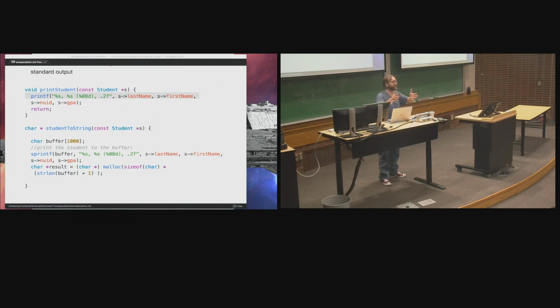Nobody's going to have a first name that is 5,000 characters, hopefully, right? If it breaks, then we can come back and revisit that issue. But probably that's a larger sign of some bad data that we've got being processed. And then I will strcpy into result the contents of the buffer, there we go, and return result.